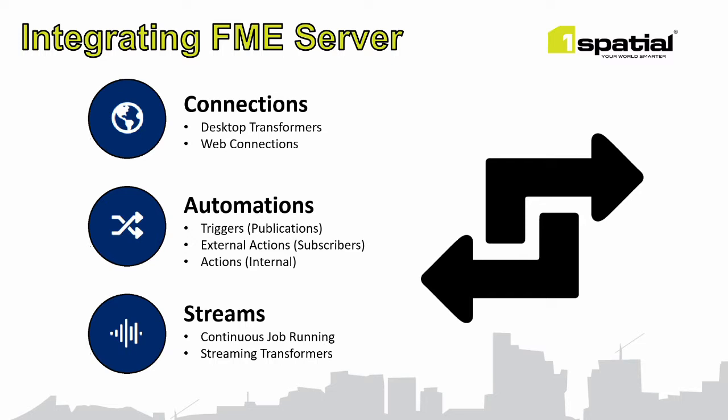Streams are designed to offer an easy to set up means of running jobs continuously that trigger off certain events. These use transformers that are enabled as streaming transformers, which constantly listen for an event or message from their targeted source.